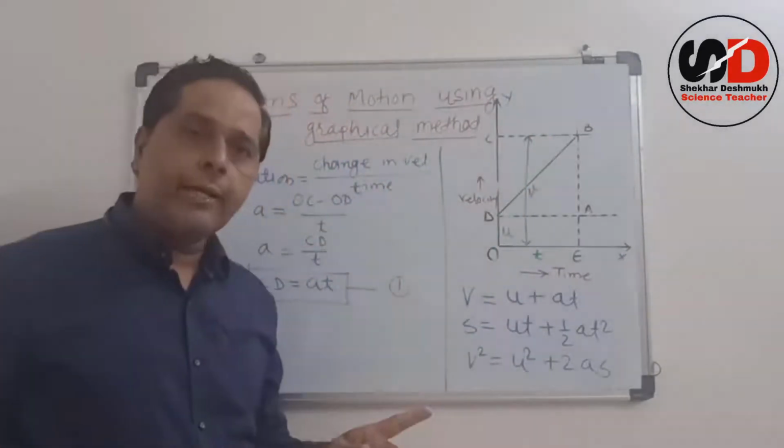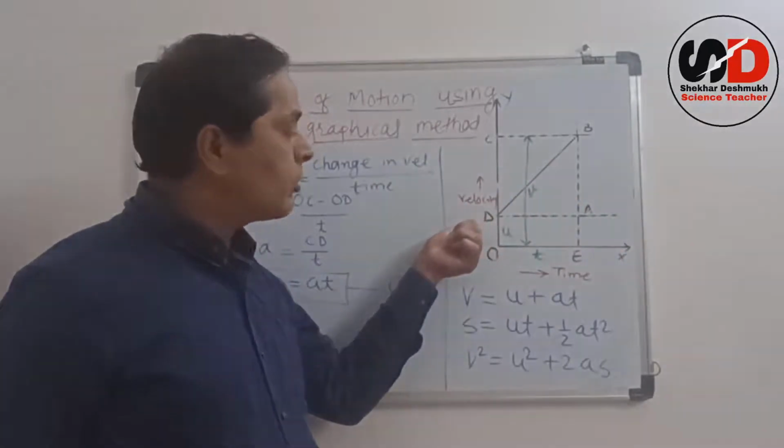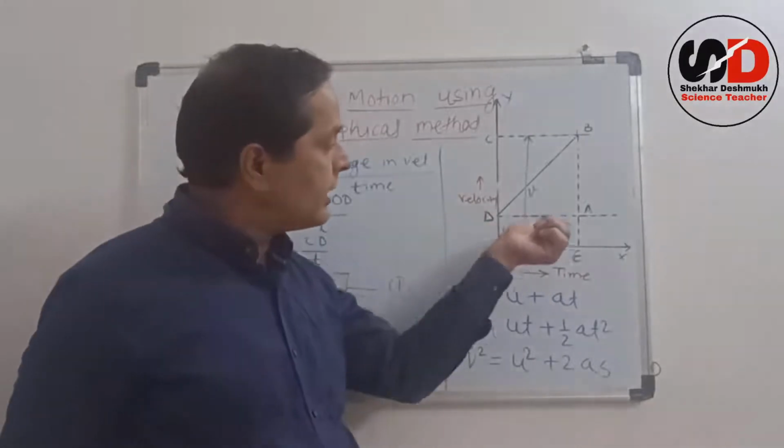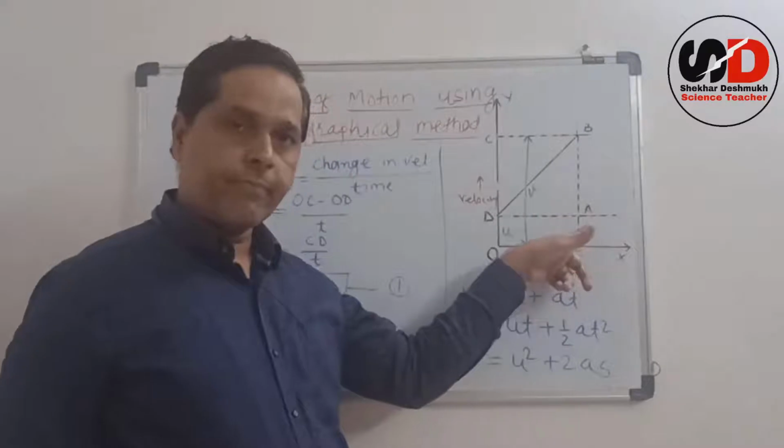Also draw a line which is parallel to the x-axis and passes through D. It crosses this line BE at A.